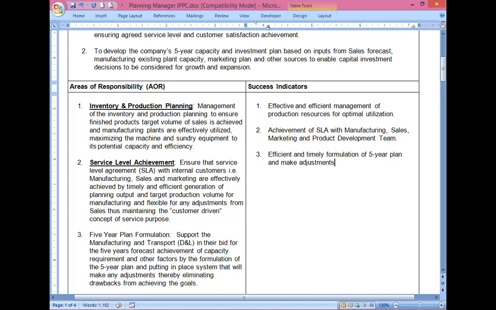Okay, make adjustment necessary. Not all the time that you have to make adjustment, only when it is necessary to make adjustment. And this is the result of the constant, continuous or regular meetings with others involved, or with all the stakeholders, all concerned managers.